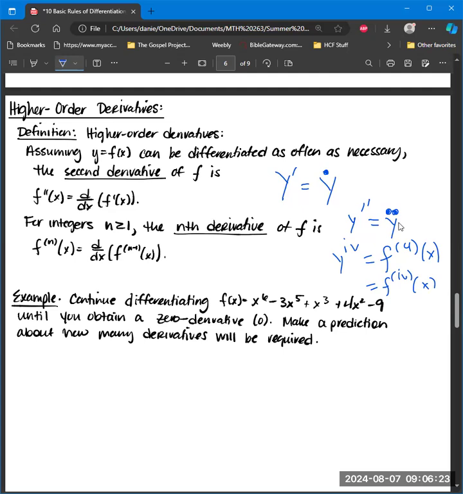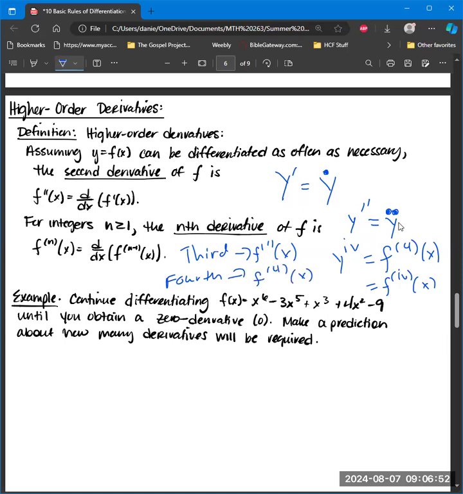We kind of stop using prime notation with the third derivative. It's okay for a third derivative to do f triple prime of x, but after that we start losing track of the tick marks that are up there, the primes. So with the fourth derivative, that would definitely be where we would start using this notation here.